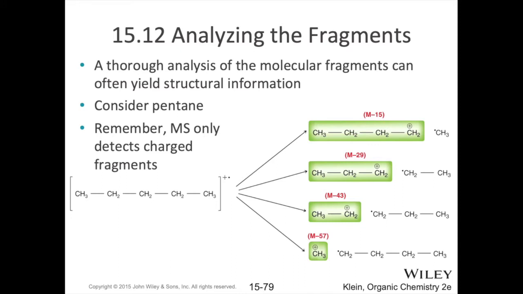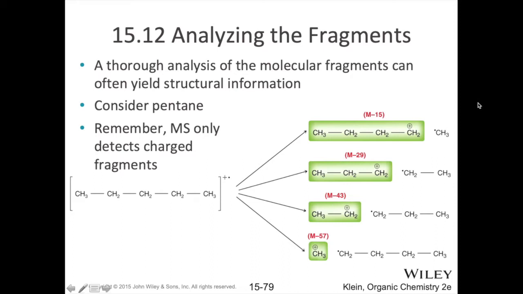Now, I mentioned earlier that when you have your molecule splitting apart into fragments, you can tell a little bit of information about the pieces making up that original molecule when you look at the clusters of fragments. Typically, when you look at your clusters of peaks, the difference between them accounts for the splitting off of things like methyl groups or ethyl groups or so on.